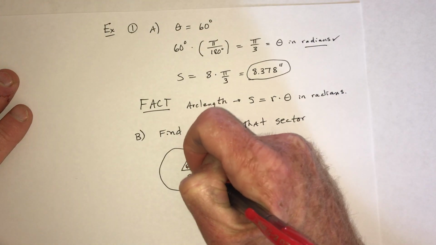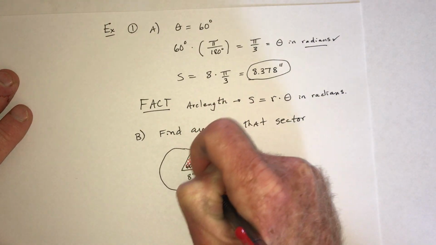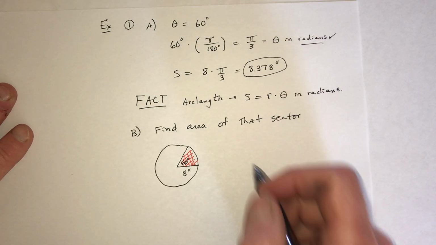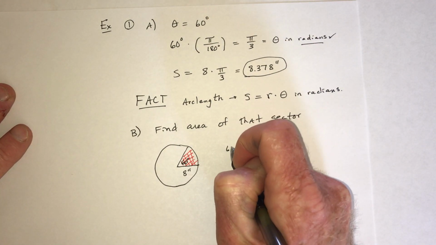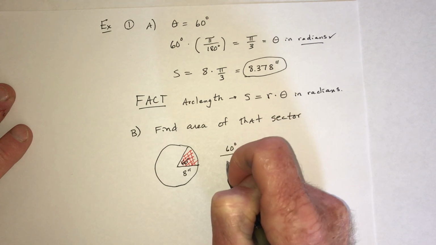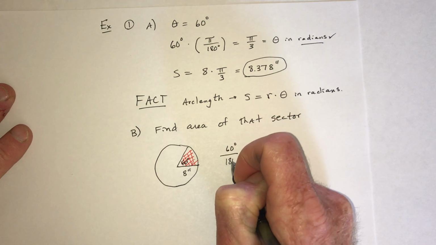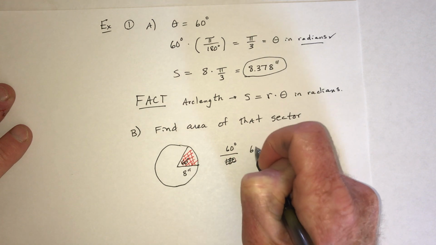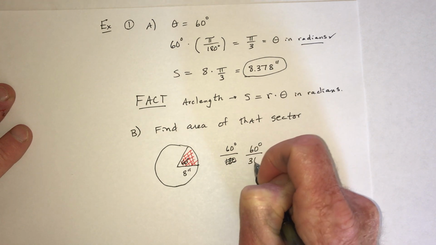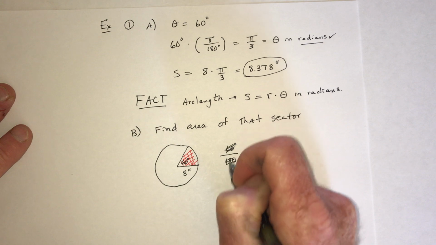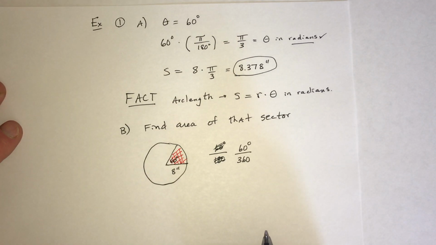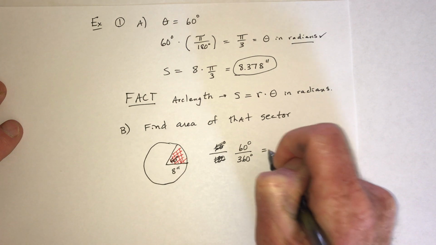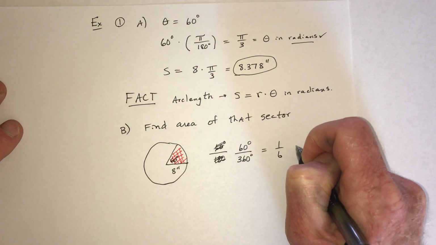And then find out how much this red area is right here. So since this is in degrees, I could still do 60 degrees over 360 total. Sorry about that. So start it off the same way as last time. And when you reduce, this is 1/6 of a circle.